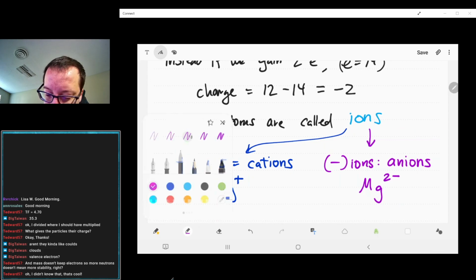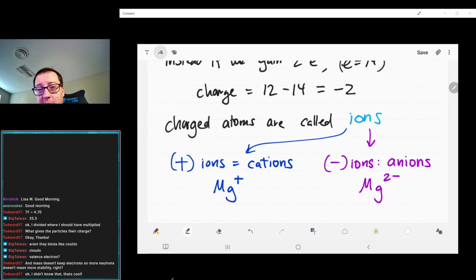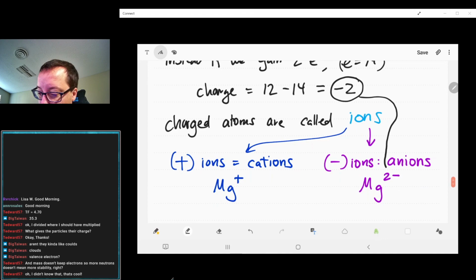What's bizarre is chemists will talk about the charge in the opposite way than normal mathematicians do. Normally you'd have -2, but we talk about that as 2 minus. For whatever reason, we put the number first and then the sign. So let it be known.